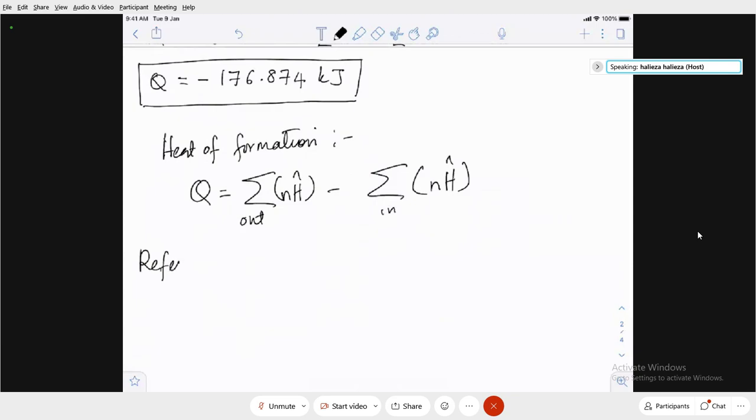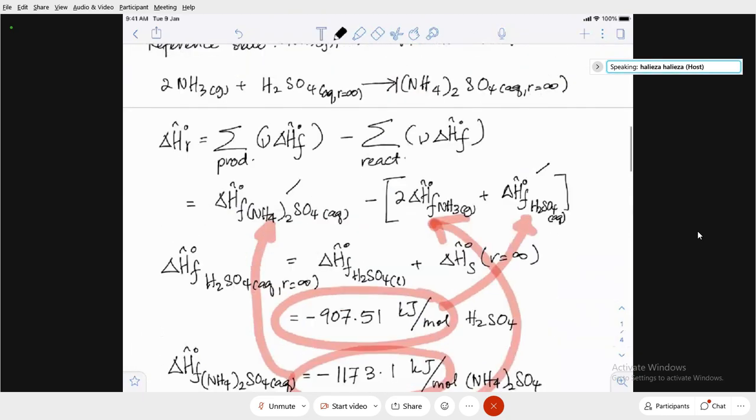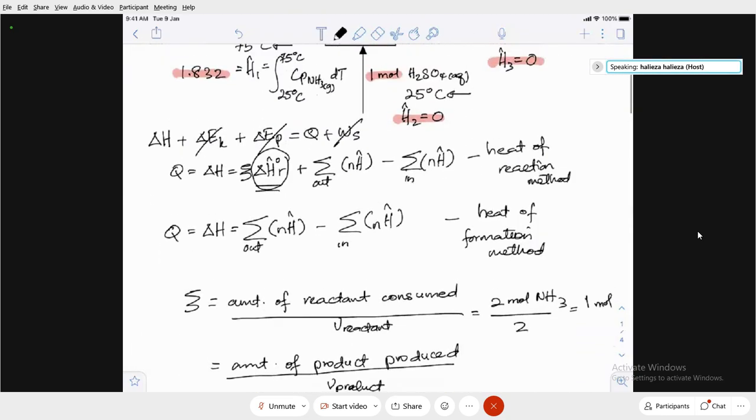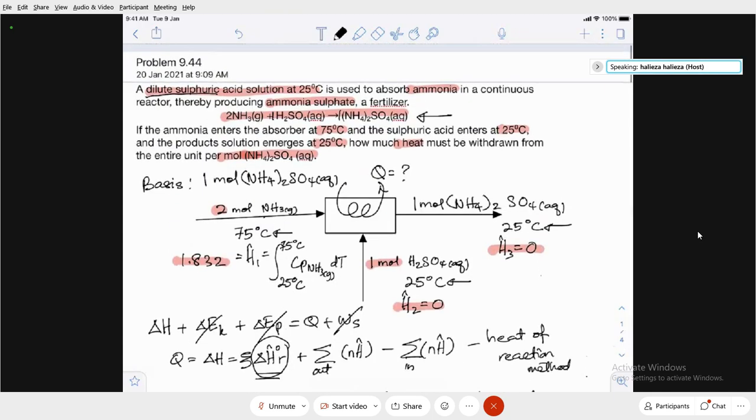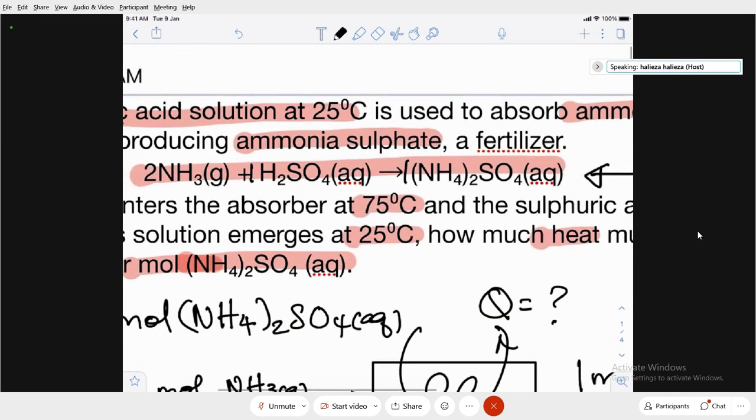Since you're going to use the heat of formation, your reference state is going to be the elements. So what elements do we have? Look at the equation. You have ammonia, so that means you need nitrogen gas and hydrogen gas to form ammonia. You need hydrogen gas, sulfur solid, and oxygen gas.